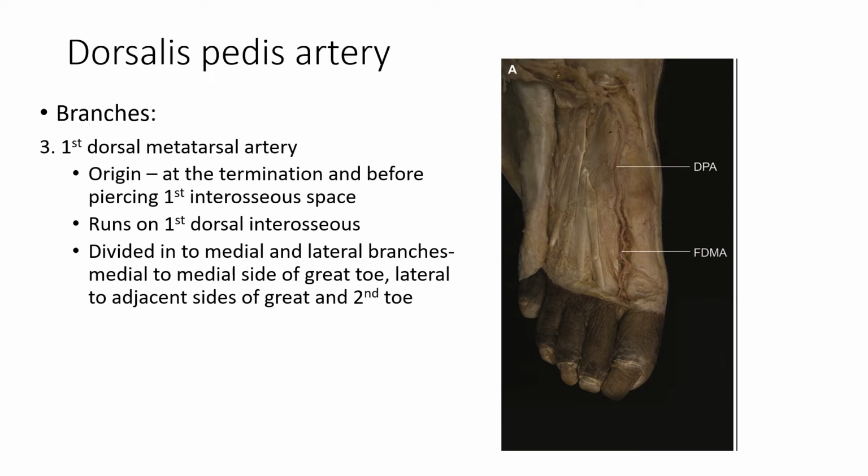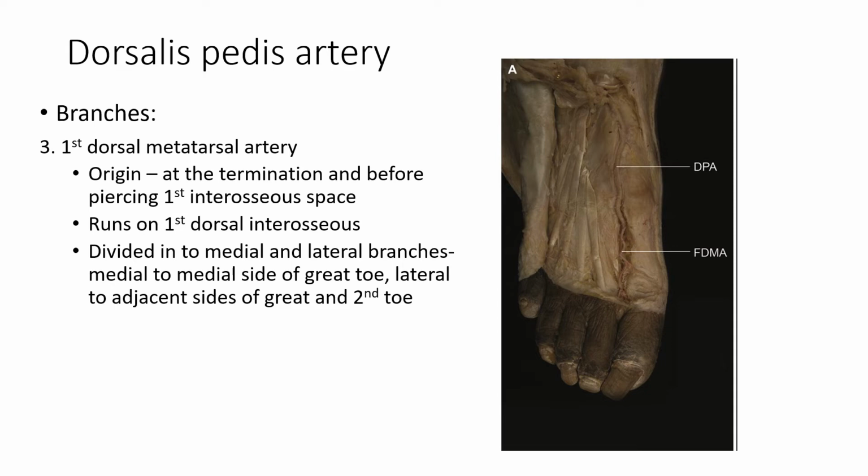Now in this picture, you can see the dorsalis pedis artery running towards the first interdigital space, or intermetatarsal space, and then you can see the first dorsal metatarsal artery, which is given off before it dips towards the sole.